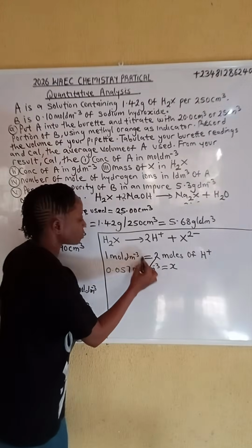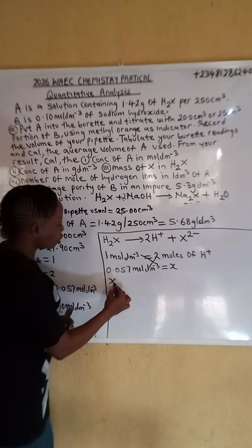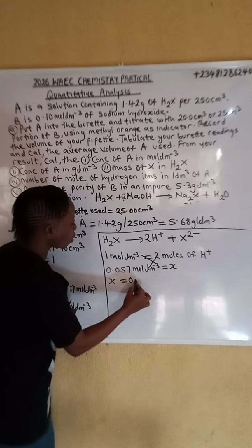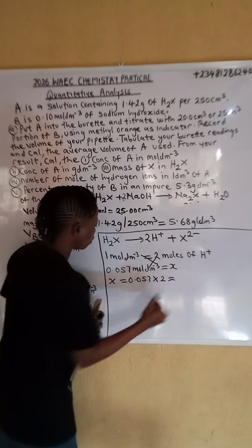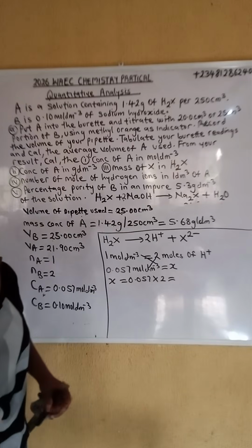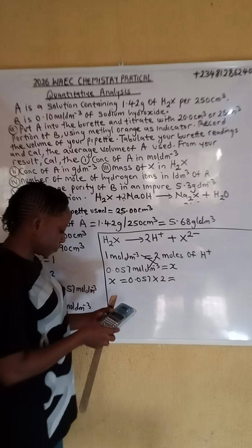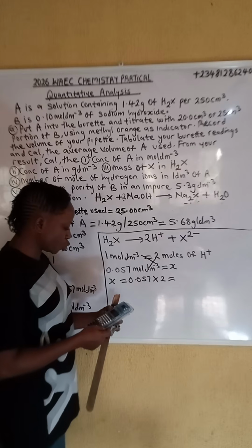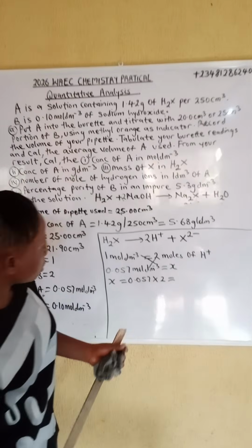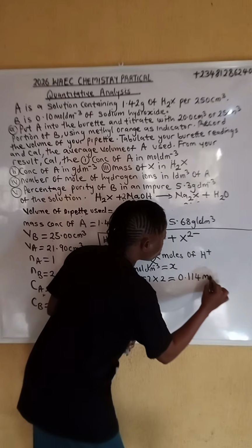So you cross multiply. To get the value of X, it will be 0.057 multiplied by 2. Don't forget that you are looking for the number of mole. 0.057 multiplied by 2 equals 0.114 mole.